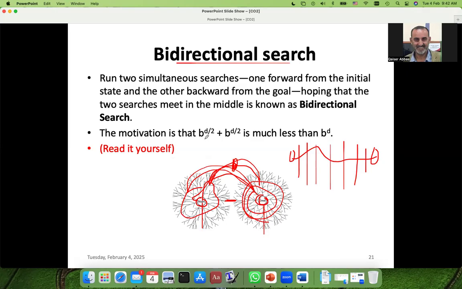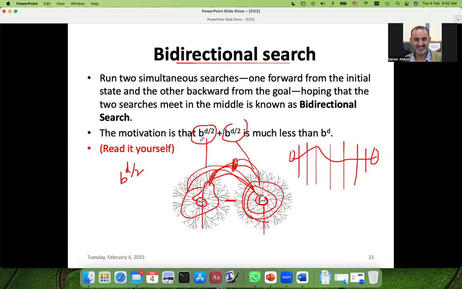So normally, if you use BFS, breadth first search, it has the time complexity B raised to the power D, where D is the depth of the solution. But this search will give you D divided by 2, half. B to the D/2 and B to the D/2, one for each search.